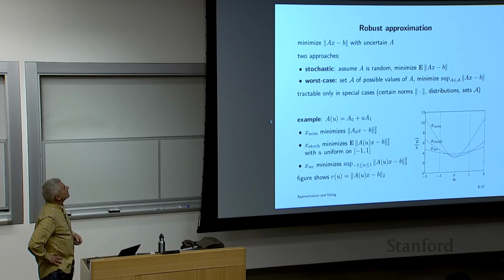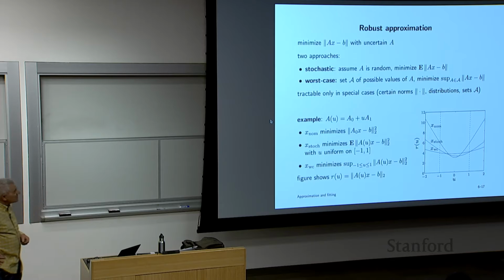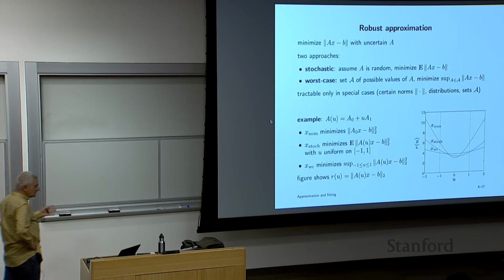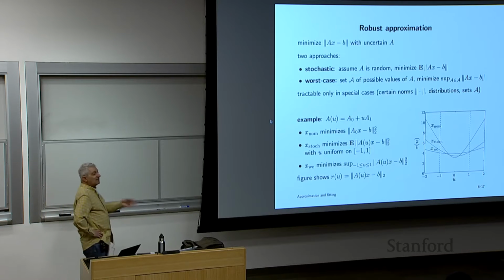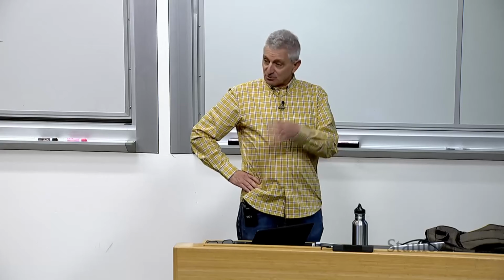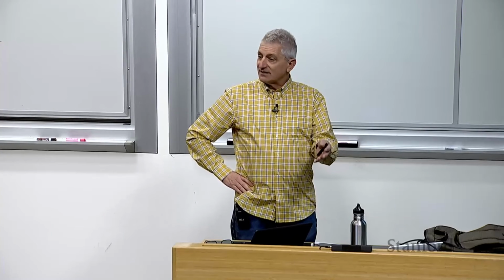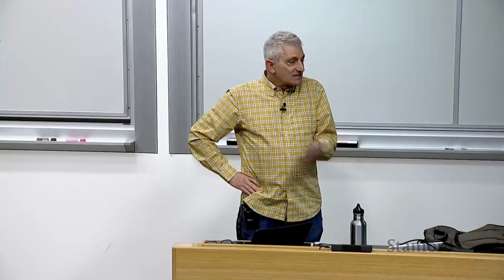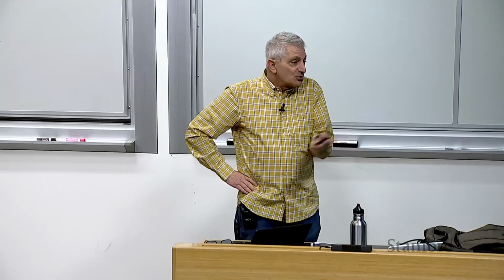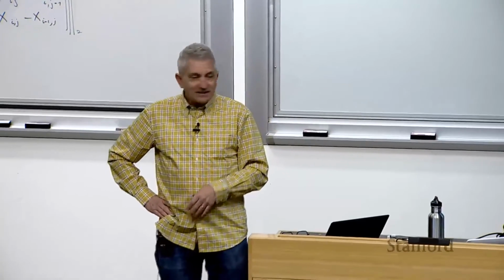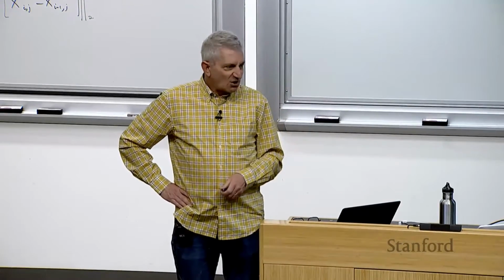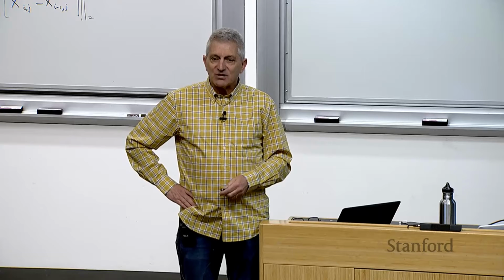At the other end, people do worst case. And this would be something like, look, I don't even believe it's generated from a probability distribution, which is true of almost everything. You'd say, but my experience says the entries in this matrix are correct plus or minus 3%.